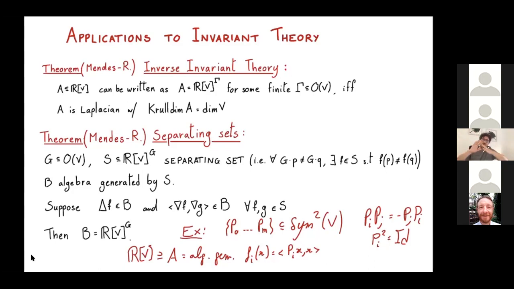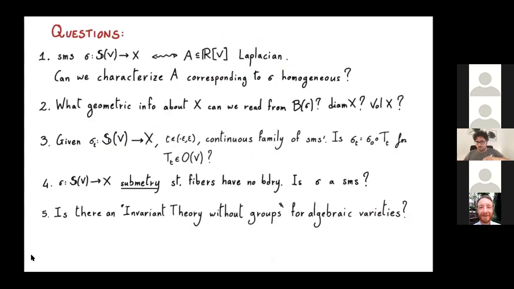So an infinite family of Laplacian algebras that do not come from group actions. So you do have, in fact, many more non-homogeneous ones than homogeneous. Thanks. Thank you for the question.